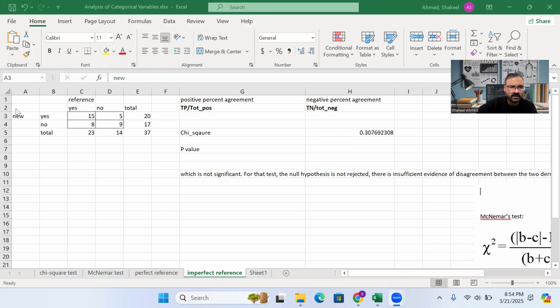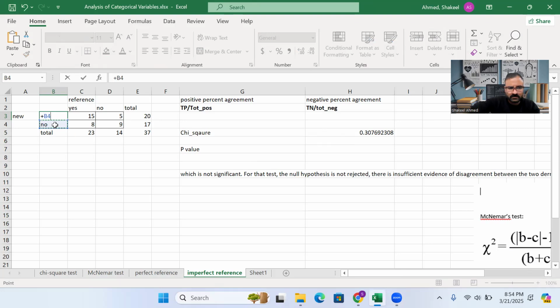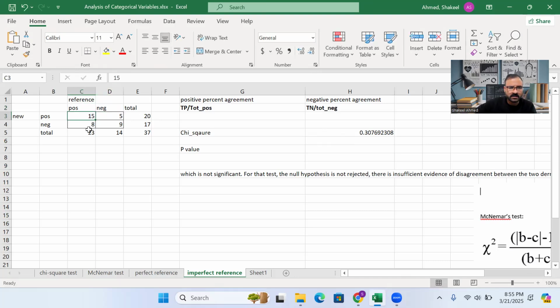So this is the data. We have a new test. This is just something like a medical diagnostic test with result yes, no, or positive, negative. We can write positive and negative, and we have a reference test that also has positive and negative results, and these are the responses for the two tests.